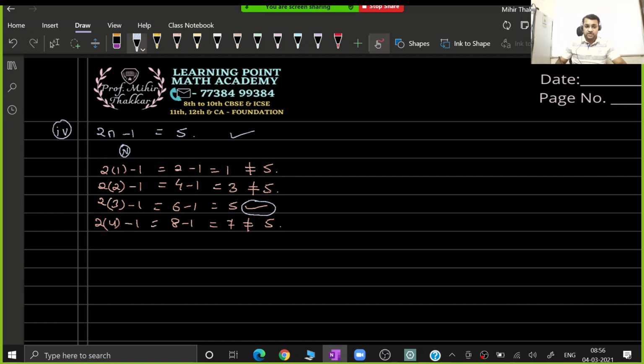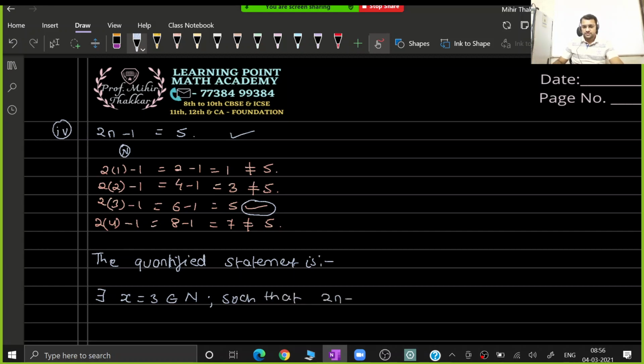So again, I will write over here the quantified statement: there exists x equal to 3 belonging to the set of natural numbers such that 2n minus 1 is equal to 5 is true.